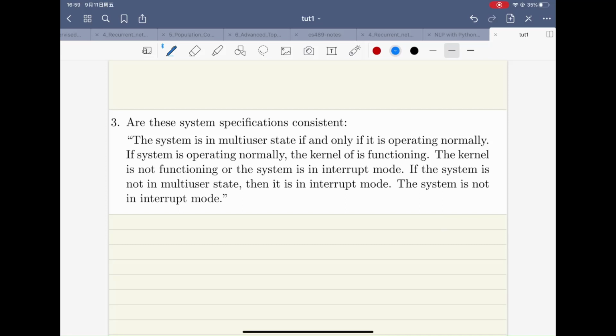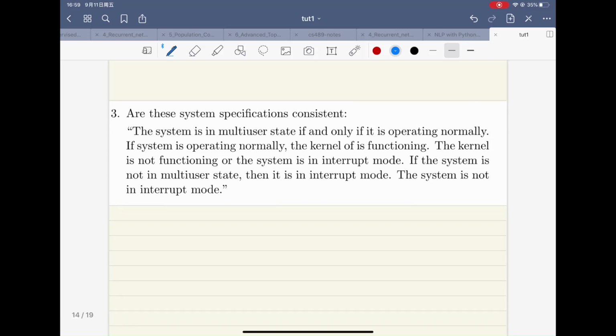Question 3 asks you, are these system specifications consistent? There is a statement in the textbook that says system specifications should be consistent. That is, they should not contain conflicting requirements that could be used to derive a contradiction, which means if there is a contradiction, then the specification is not consistent.